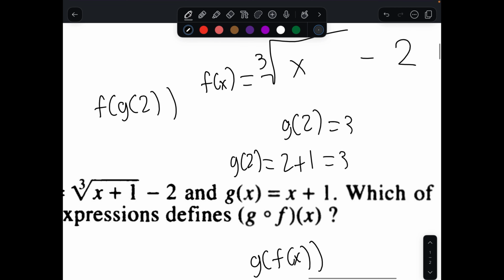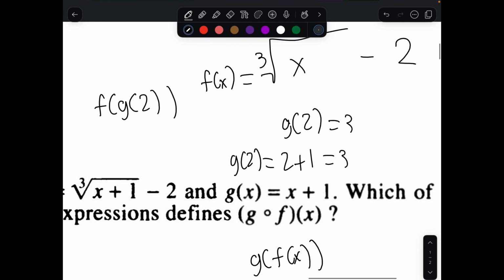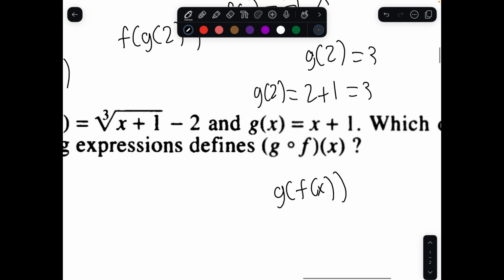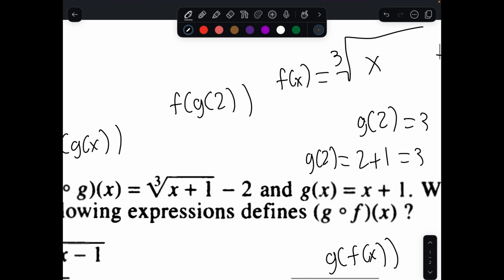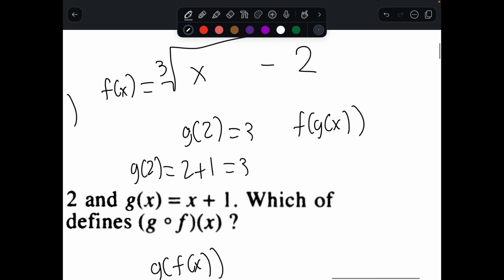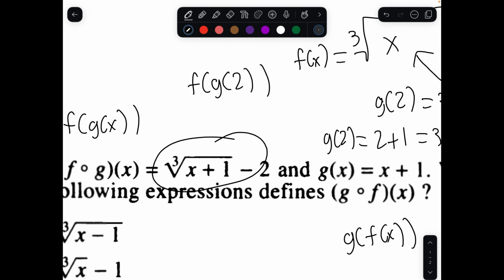So f of x is the cube root of x minus 2, right? And this is right because now if we were to try to find f of g of x, we would just plug in g of x, which is x plus 1, into x, and that matches exactly this.